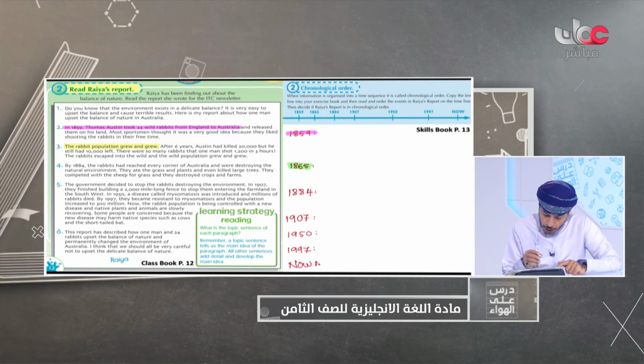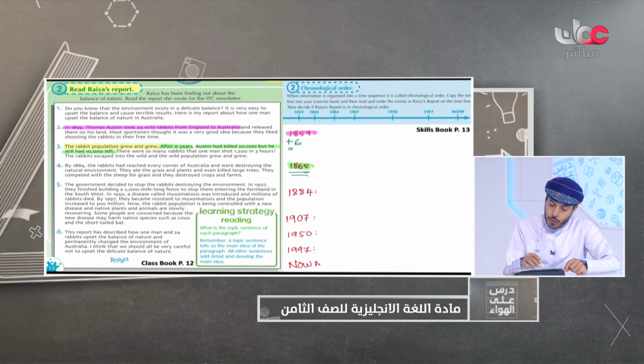So we can find out that by using the green color after 6 years, and we know that plus 6 years, it becomes 1865. So what happened? After 6 years, Austin had killed 20,000, but he still had 10,000 left. Okay, so this is what happened after 6 years.